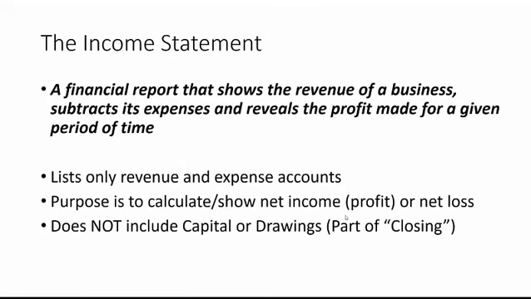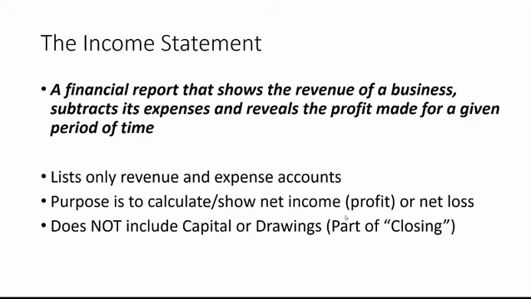The income statement, by definition, is a financial report that shows the revenue of a business, subtracts its expenses, and then calculates the profit made for a given period of time. It lists only the revenue and expense accounts. As they say in math, you have to show the work. The purpose is to show the net income or loss.